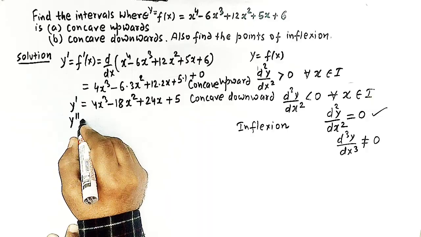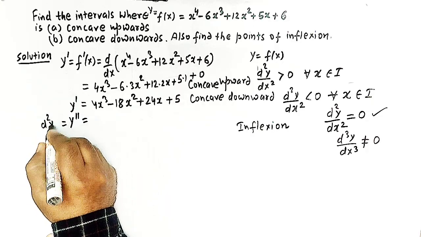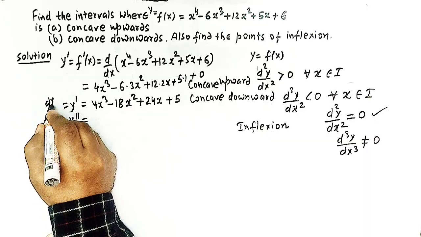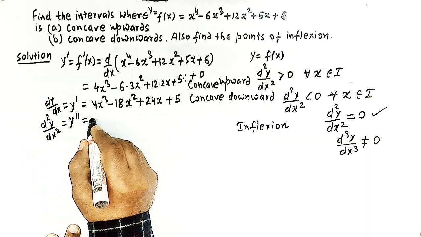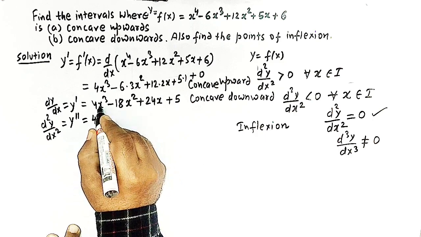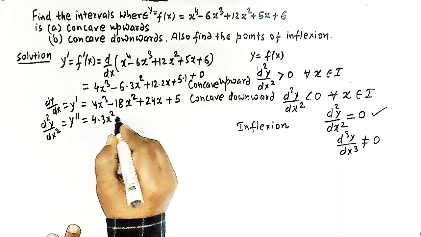Now let us find the second derivative, that is d2y over dx2. Here we have dy over dx, and now 4 times the derivative of x cube, that is 3x square.